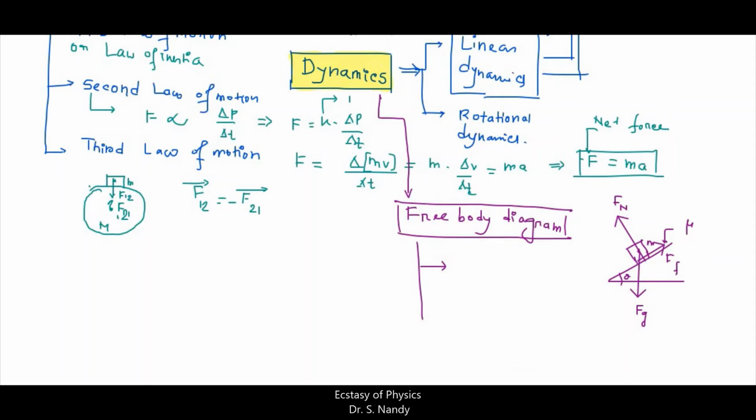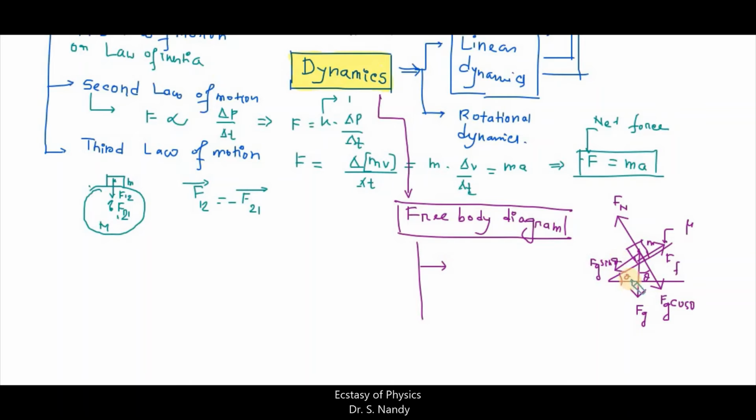One component of the gravitational force is exerted downward along the incline, and the other is exerted perpendicular to the inclined plane. According to vector resolution, this component would be Fg cosine theta, and here it would be Fg sin theta.